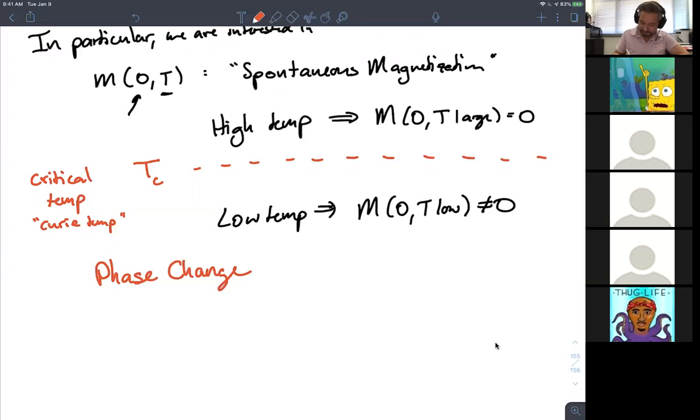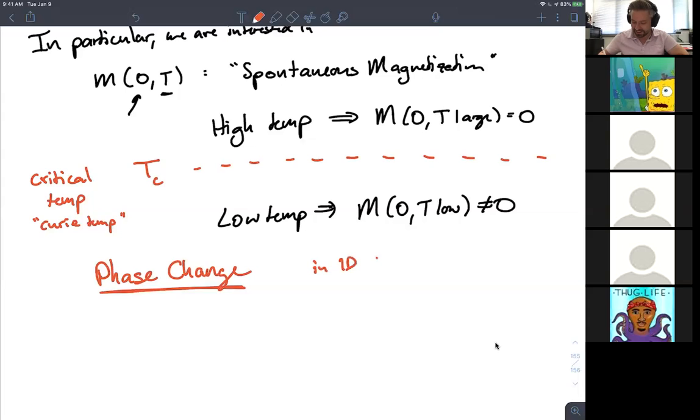So what we're going to ultimately be talking about is the statistical mechanics of phase changes. Now there's a complication. We're going to work through the Ising model, and the thing about the Ising model is that in one dimension, you can show rigorously that there are no phase changes.